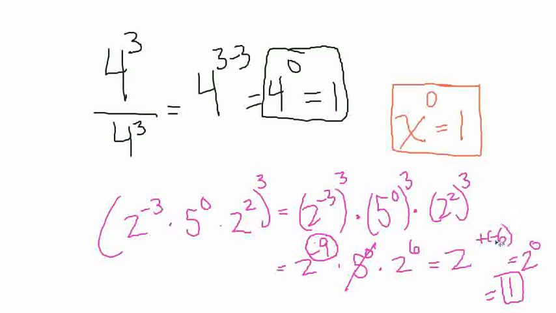So this will give us an opportunity to use yet another exponent rule. So minus 9 plus 6 is 2 to the minus 3. Yes, now we could use the negative exponent rule. So this is 1 over 2 cubed, which is 1 over 8. So the whole thing simplifies to 1/8.